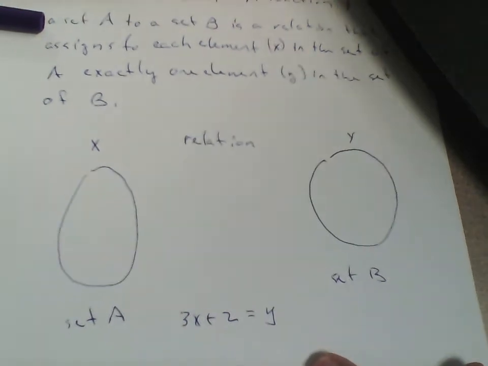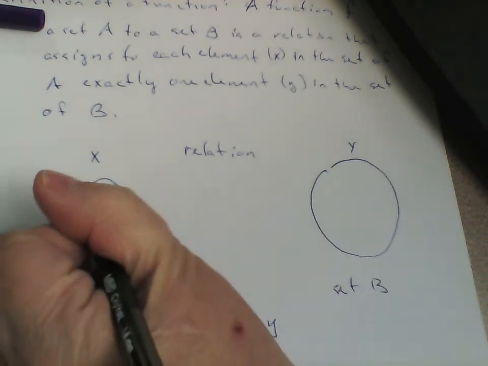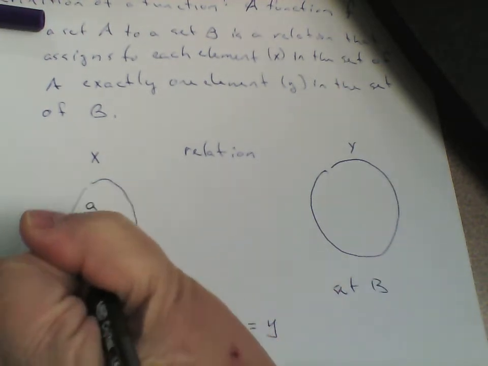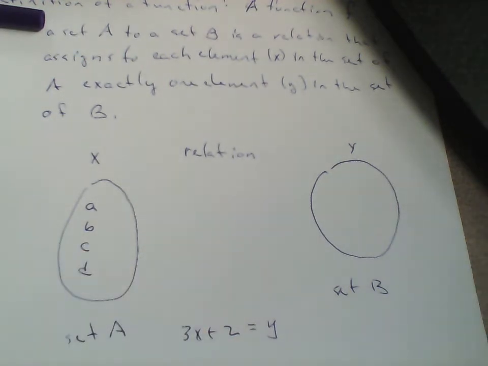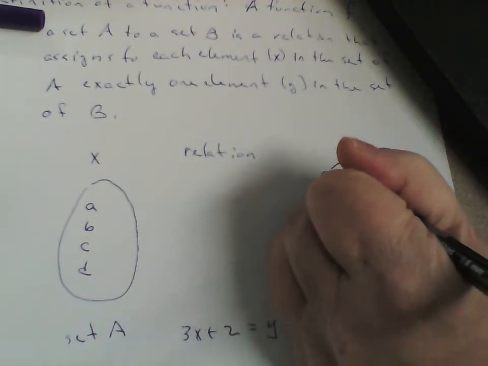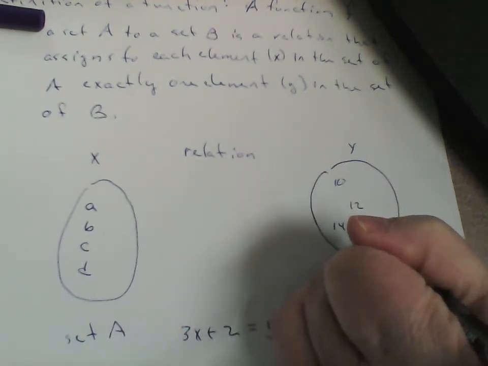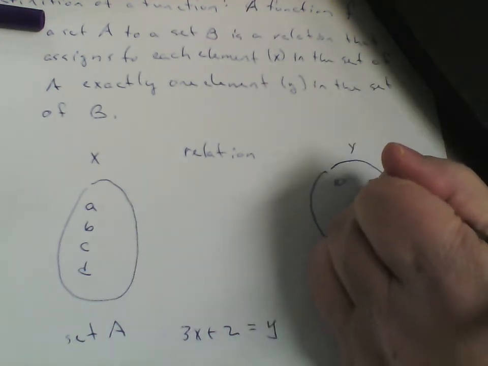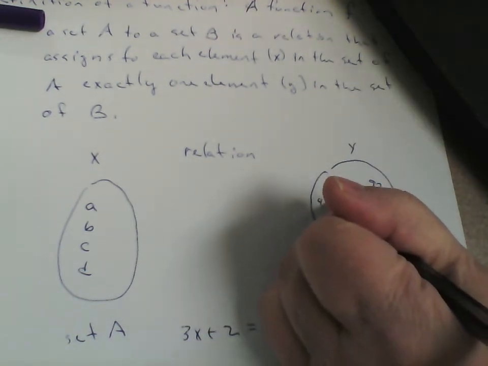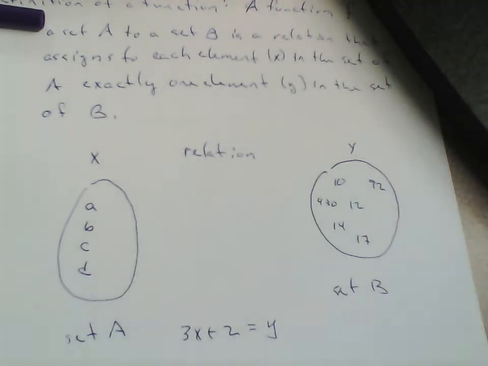So when it's saying that I have this set A, I can have anything in this set of A. I could have A, B, C, D, right? And over here, I can have all these numbers, 10, 12, 14, 17, 92, 430. Doesn't matter what the numbers are that are in there.